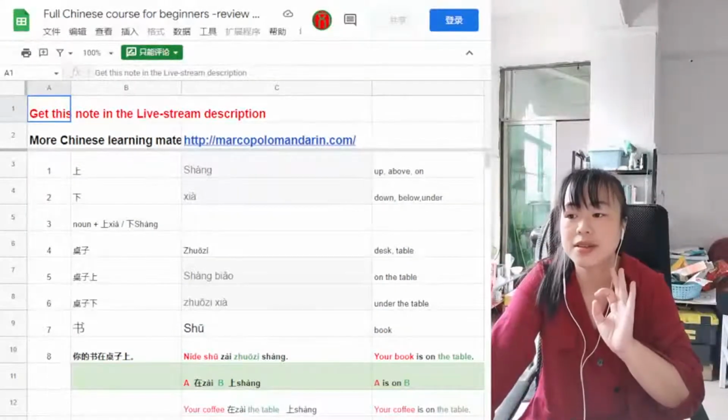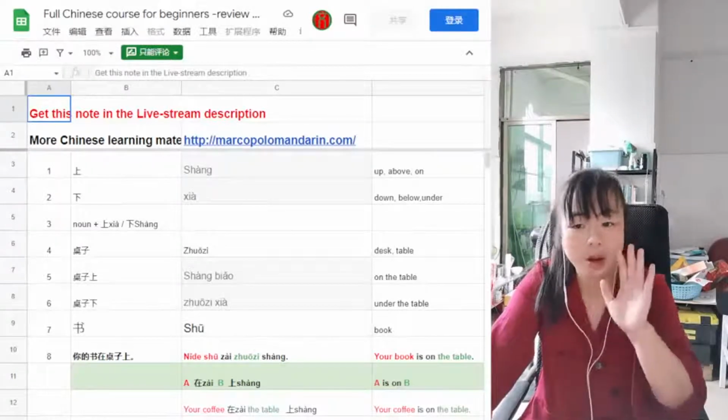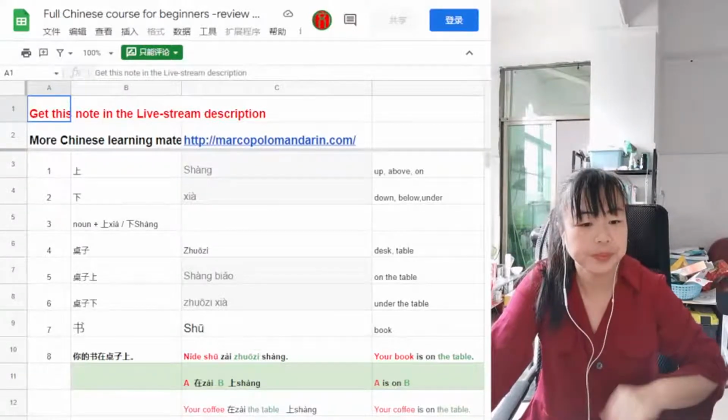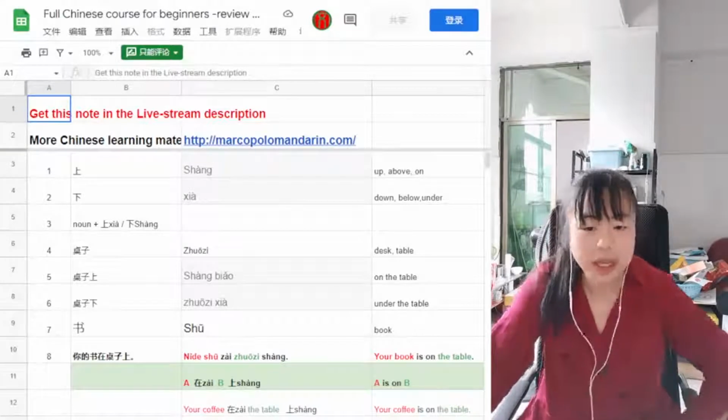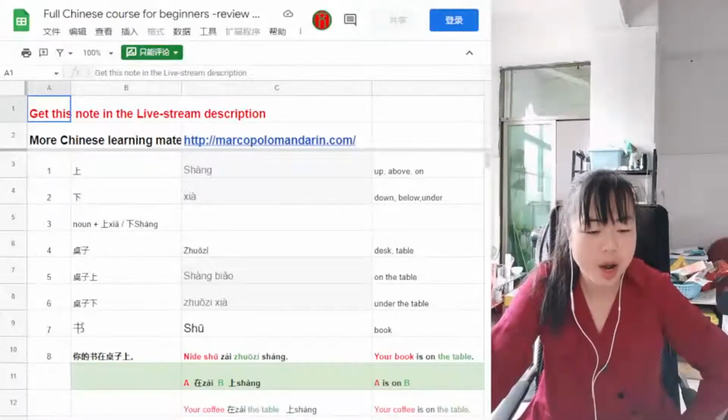They have tiny differences, but they are all correct. Okay. Now, any question about the 上 and 下?